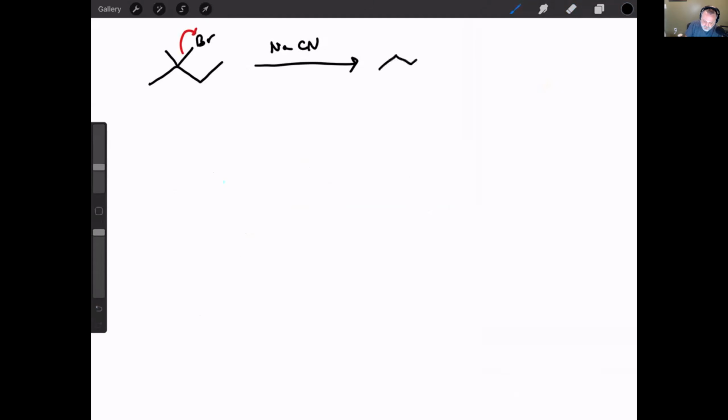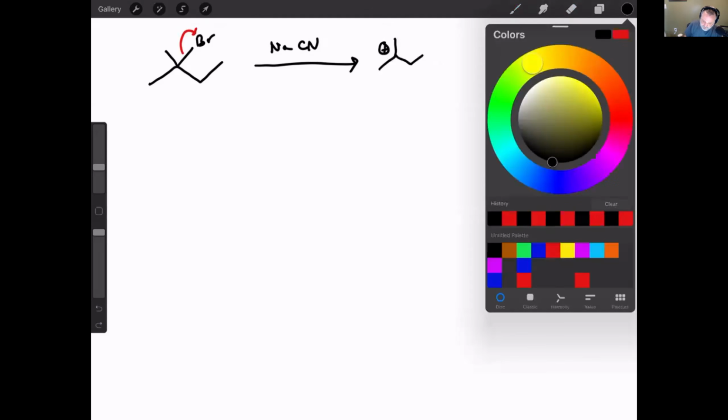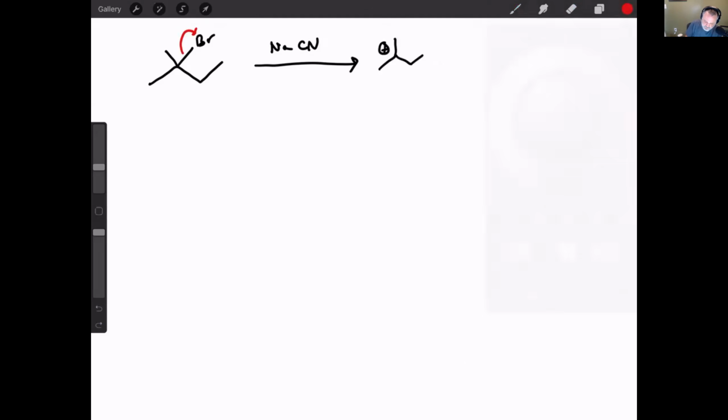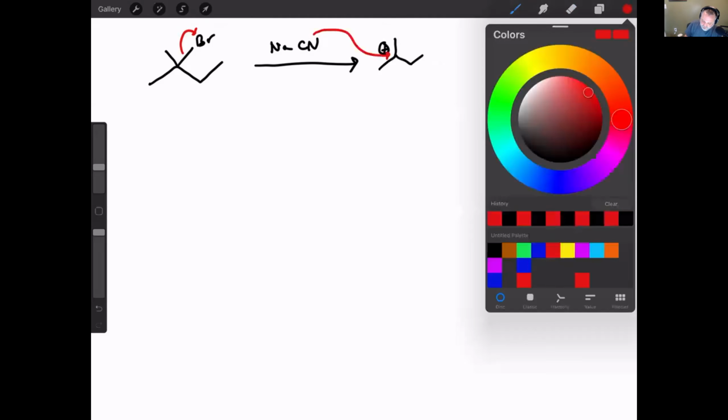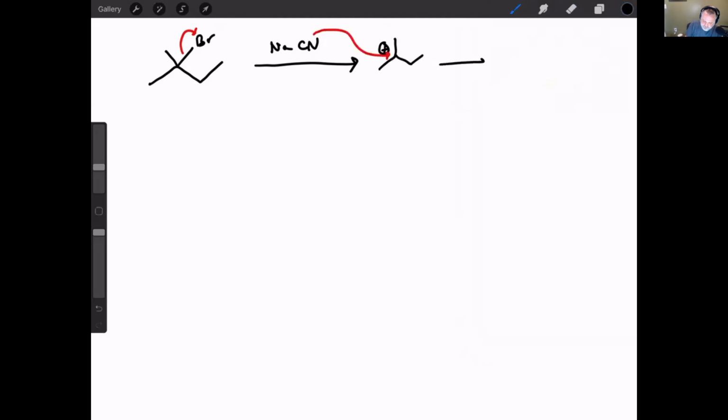I'll form an intermediate carbocation. And now the CN minus can do a nucleophilic attack. And I produce the product there. And so this is the example I was looking for. 1st step, loss of the leaving group. 2nd step, nucleophilic attack.